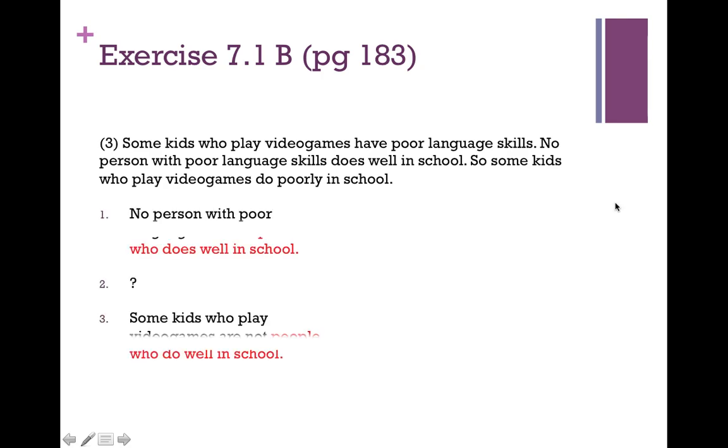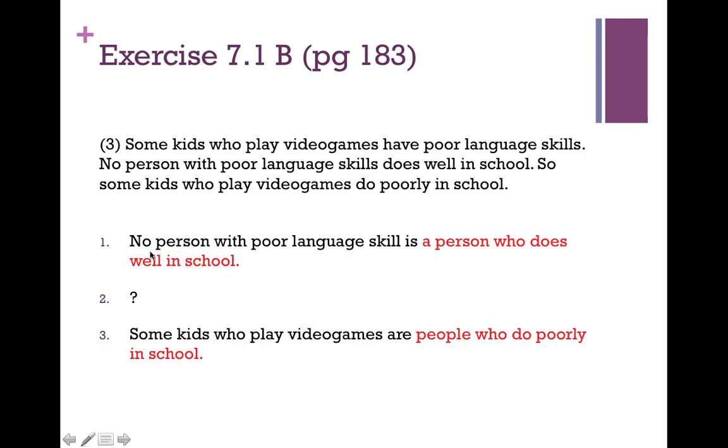So let me just lay these out. Let me back up a screen. Let's say we're going to find the obverse of 1. Hopefully you remember, when you find the obverse of an E-form proposition, or the obverse of any proposition, the first thing you do is change the quality. The quality here is negative, so we're going to have to make it affirmative. And then you find the complement of the predicate.